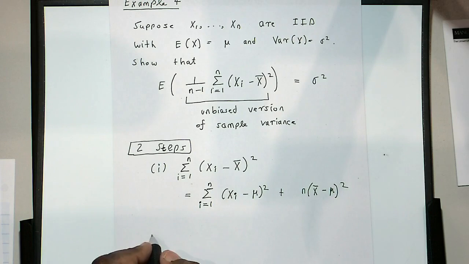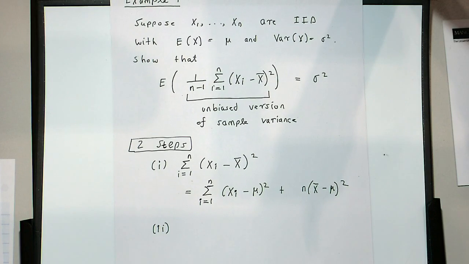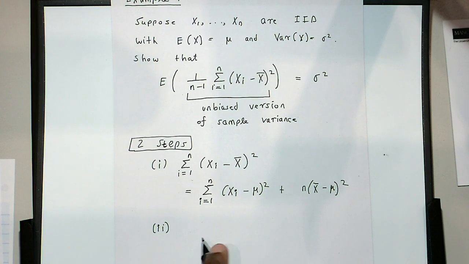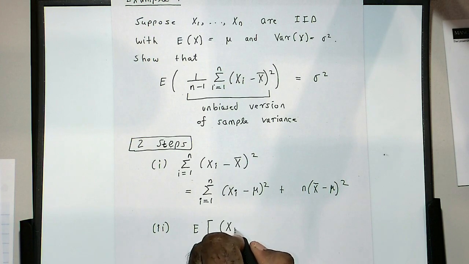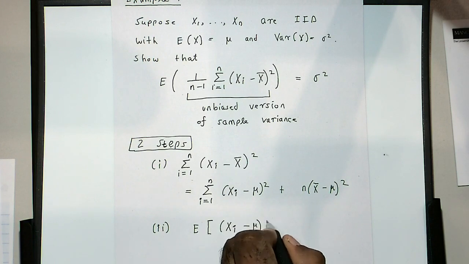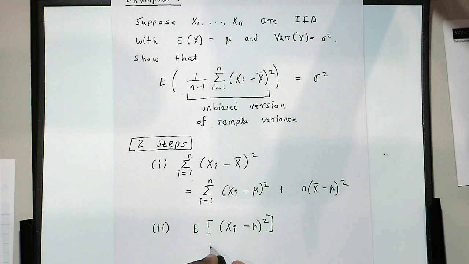And for the second step, I'm just giving you a hint because I'm running out of time. The second thing you must realize is that the expected value of xi minus mu squared, by definition, is the variance of xi, which we are assuming is equal to sigma squared.